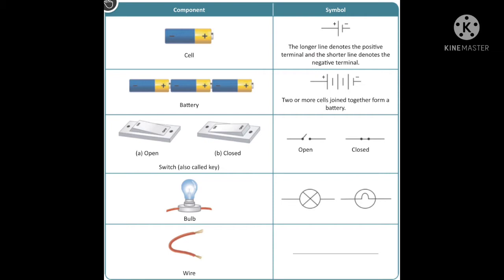There should be a source, that is one or more electric cells. The wire should not have any discontinuity, that is a gap. The only component that can have a discontinuity is the switch. When it is open, there is a discontinuity, and current does not flow in the circuit. So these are the 3 points we should remember when drawing a circuit diagram.